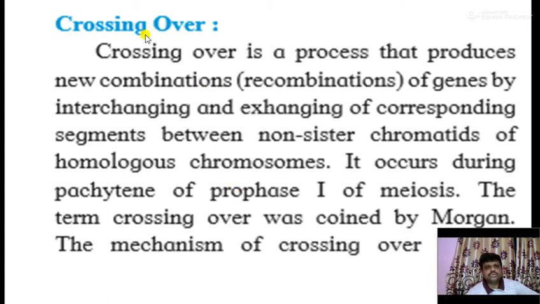So this crossing over takes place only in the pachytene, in which the non-sister chromatids exchange their genetic material, that is, genes, by interchanging the corresponding segments between the non-sister chromatids of the homologous chromosomes.